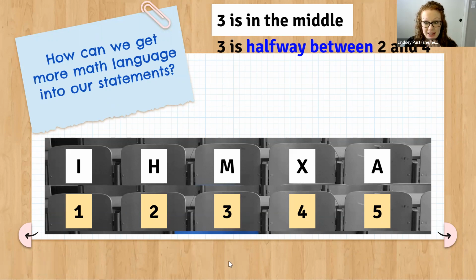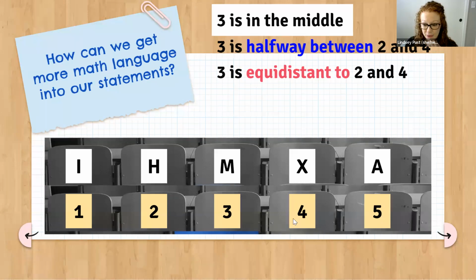Another way to say the same thing, you could say 3 is equidistant to 2 and 4. Equidistant, what kind of word does that remind you of? What does that sound like? Equal, yeah. So there's equal distance between 3 and 2 and 3 and 4. So those are other ways of saying 3 is in the middle.